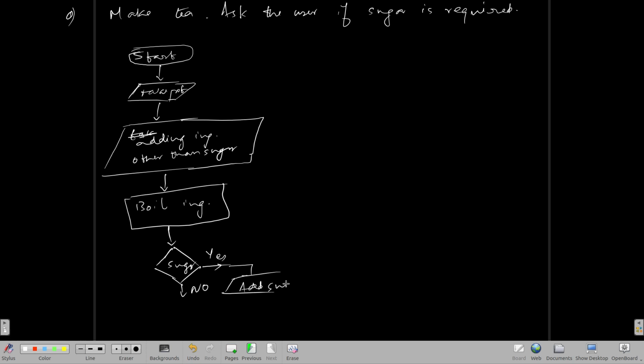Add sugar. If it is a no, then don't do anything. Right. Either way, what is the next step? You have to serve the tea. And stop.